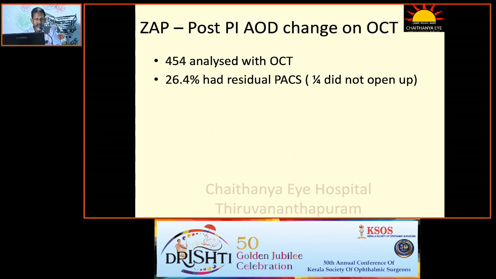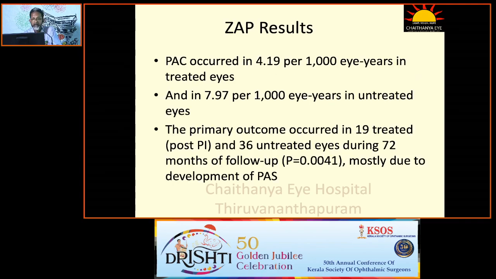Of these patients, about 454 had OCT data, and they found that 26.4% had residual PACS. That means 1/4 of the patients who went through PI did not open up.